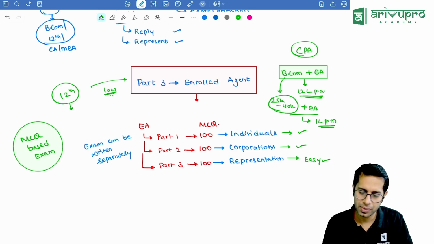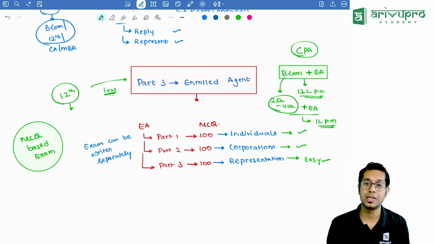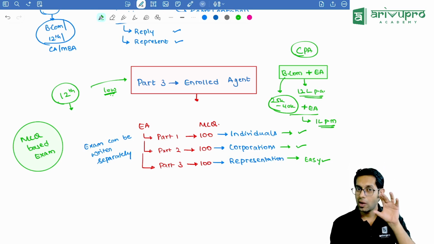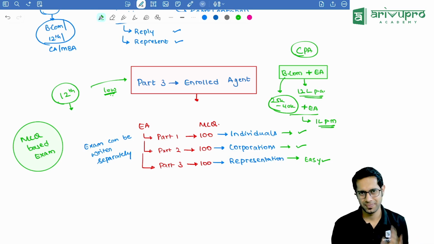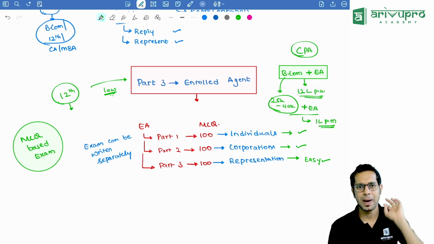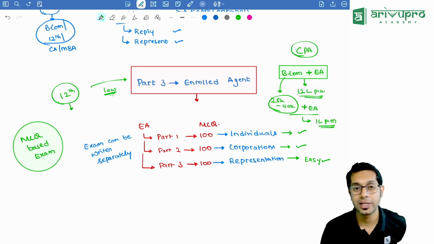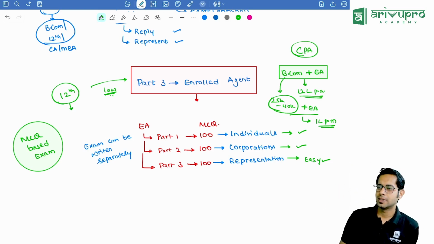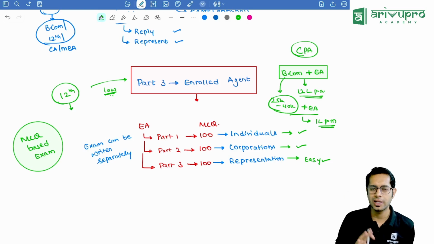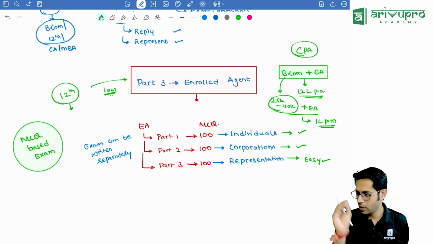Part 2 is not difficult, but here you will have to use a little brain. Some computational part will be there. You will have to find some amounts, find some answers, learn how to use a calculator also. Whereas in part 3, there is no calculator, nothing to use. Just simple law. You will have to know the law and how to apply it.